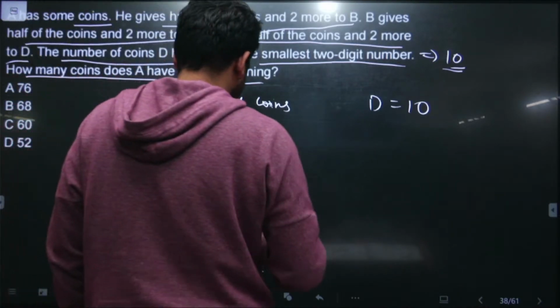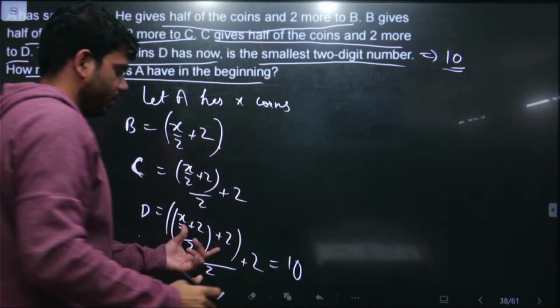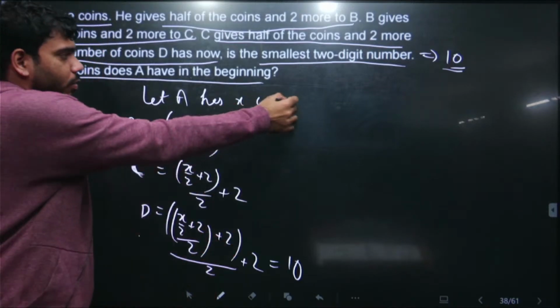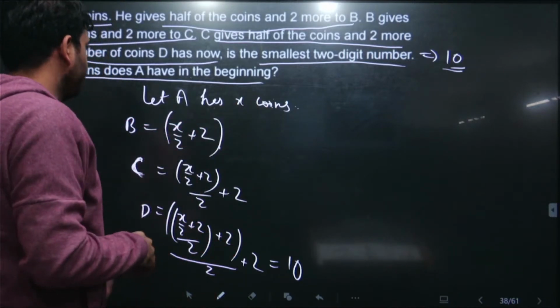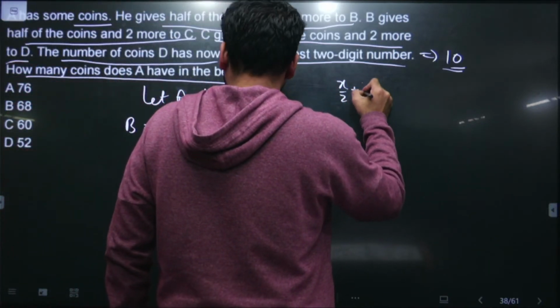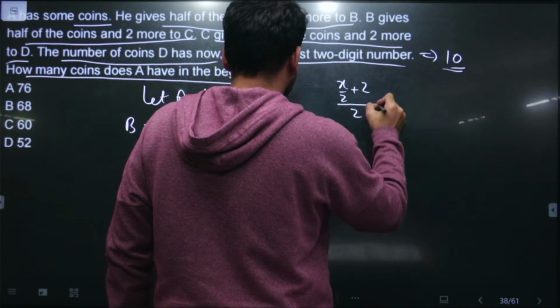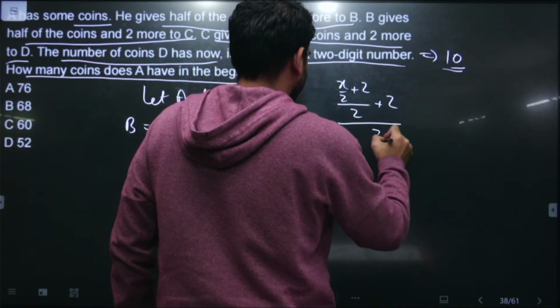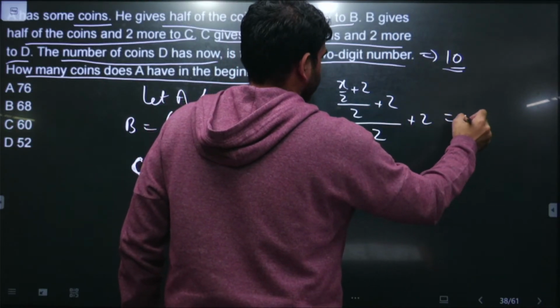Now we have to solve this equation to get the value of x, and x is the number of coins that A is actually having, and that is what we have to find. So this thing is x/2 plus 2, by 2 plus 2, by 2 plus 2, this is 10.